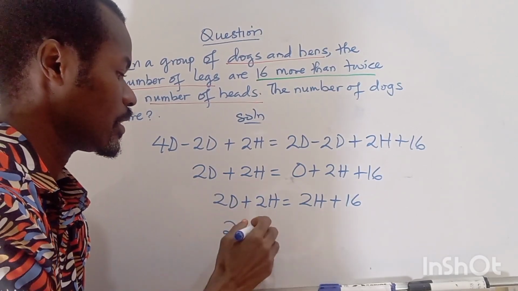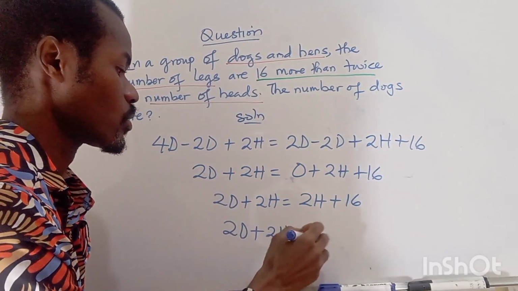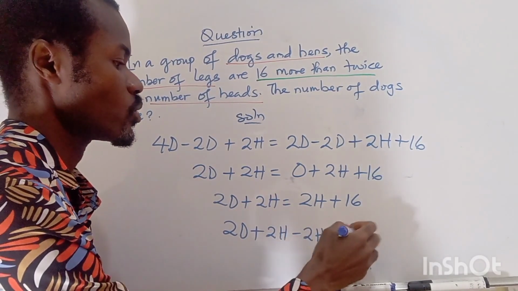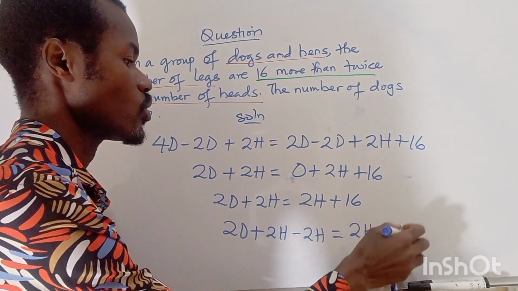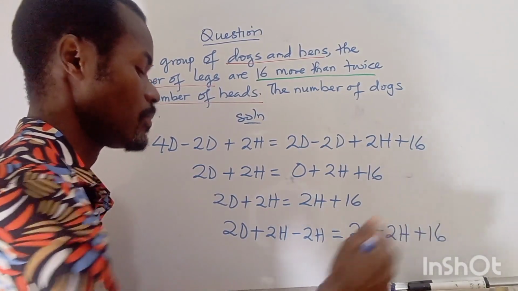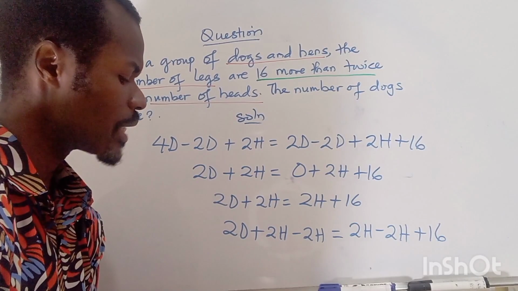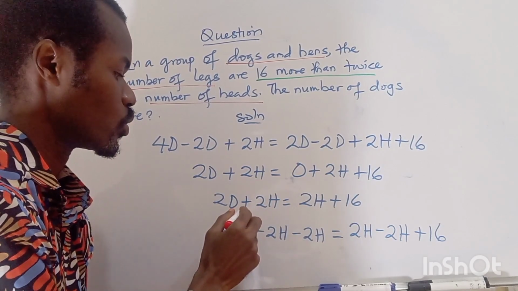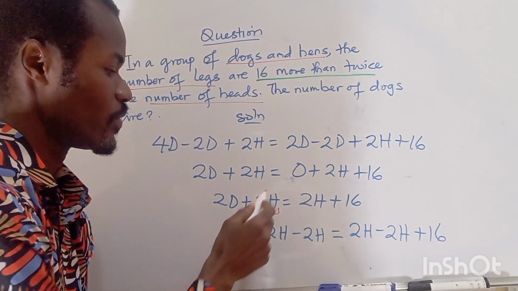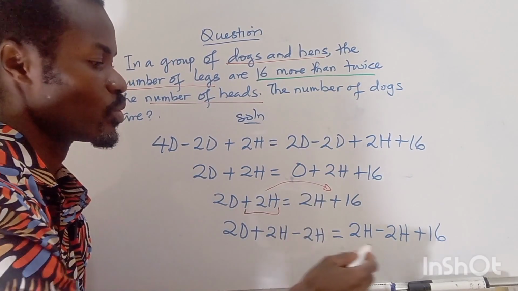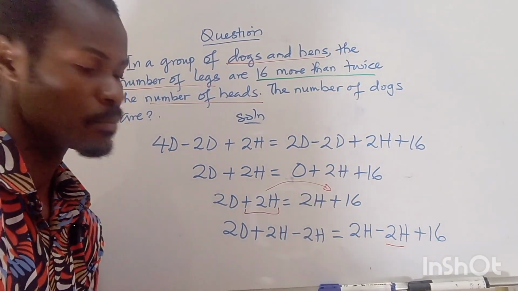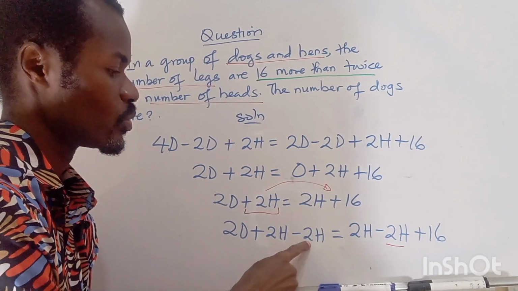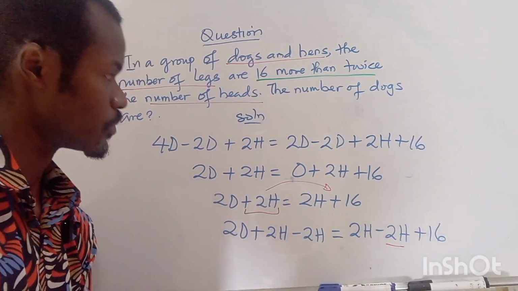So I have 2d plus 2h minus 2h equals 2h minus 2h plus 16. Why have I subtracted this from both sides? Because we want to remove this. If I take this to the other side, it becomes a minus. So 2h minus 2h is what? 0.